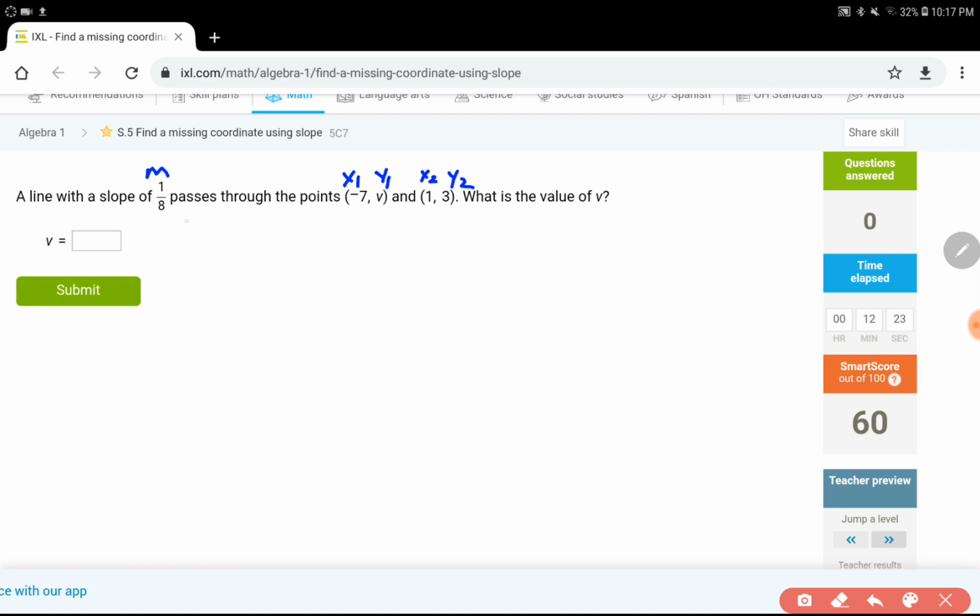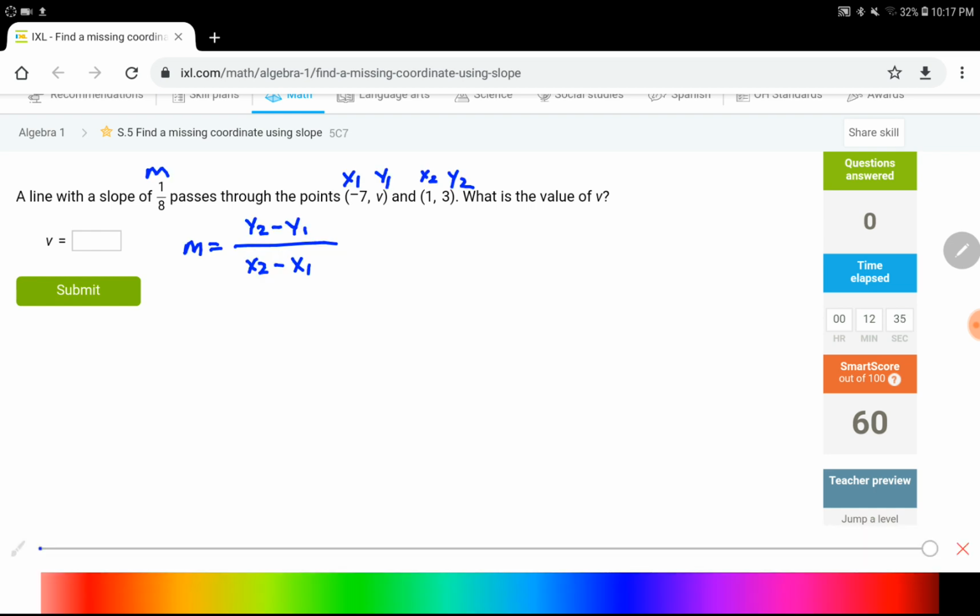So the formula is m equals y2 minus y1 over x2 minus x1. Let's plug in the slope. The slope is given as 1/8, so it's already a fraction. That's good news. Now I don't need to divide this by 1 because I already have a fraction on the left side. Bring down the equal.